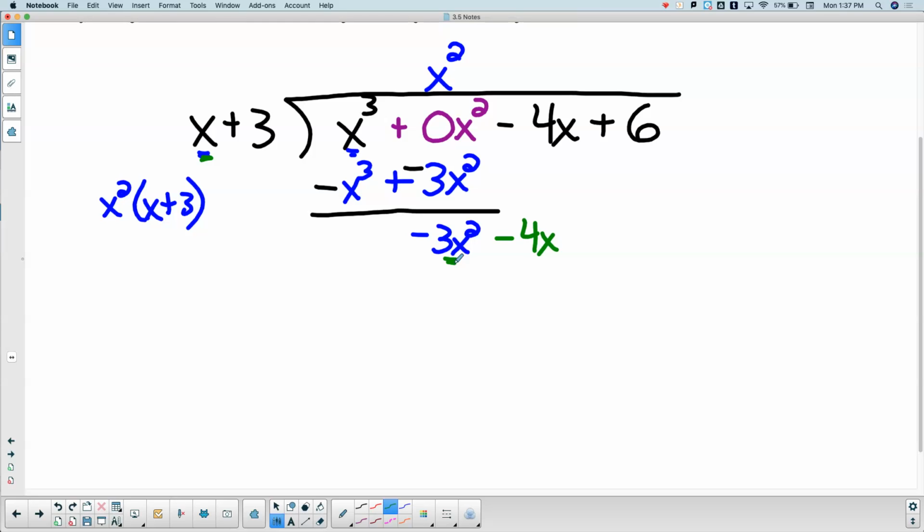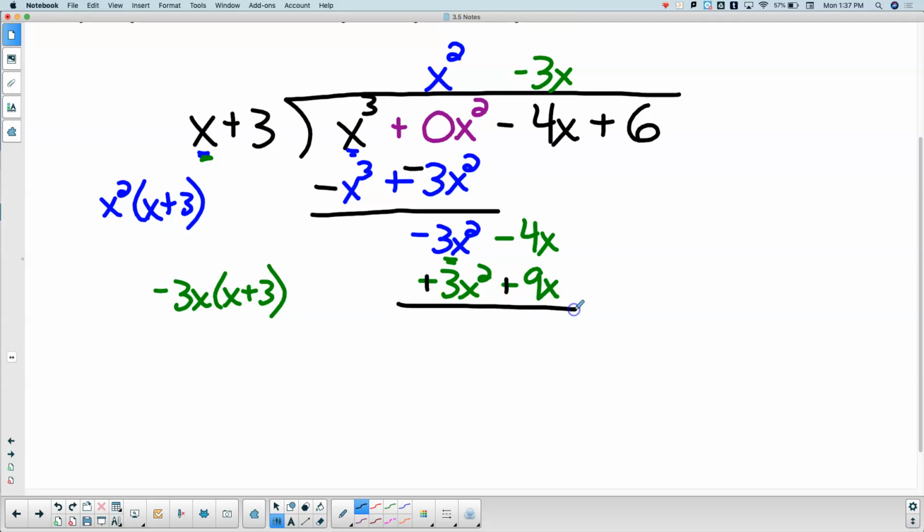Negative 3x. Change the signs. Leaves me with 5x.